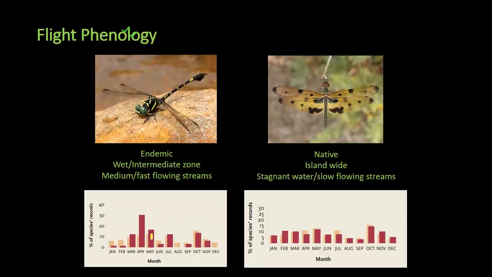But I have visited in January, February, and have not seen a single individual of any species. So these kinds of seasonal patterns are there in odonates in general. That's something that we should always keep in mind.